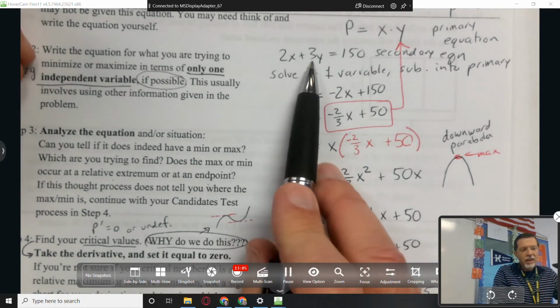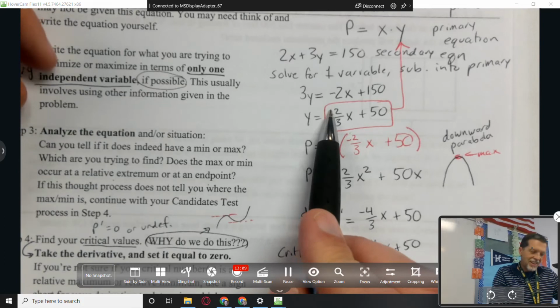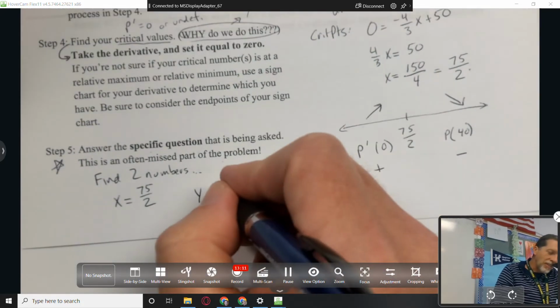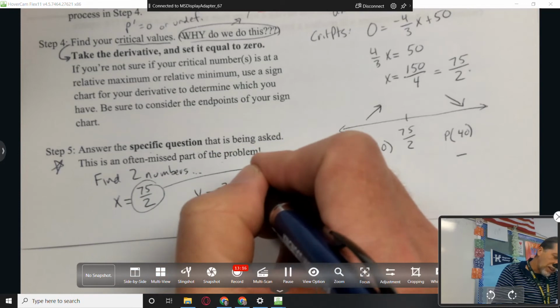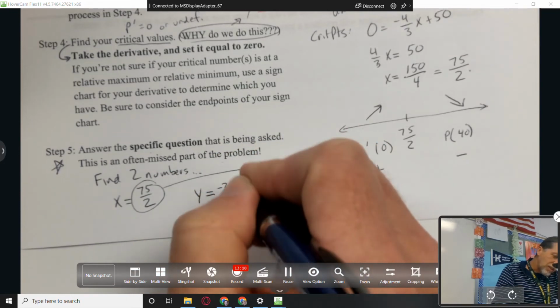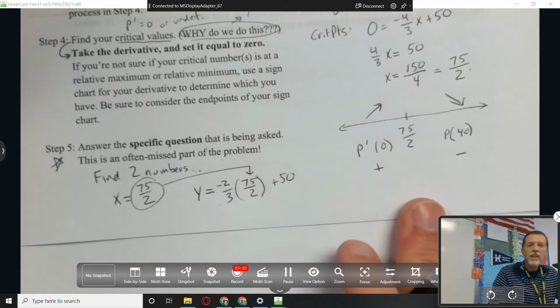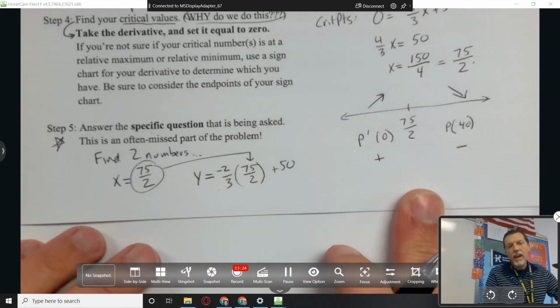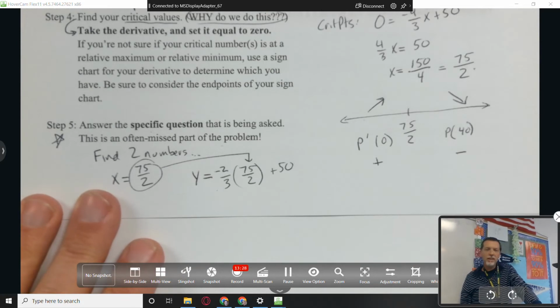If you plug it in here, you're going to have to eventually deal with fractions and multiply fractions. I'm going to plug it in here because that's the simplified version: negative 2/3 times 75 halves plus 50. As a safe stop, that's fine, that would be an acceptable safe stop.